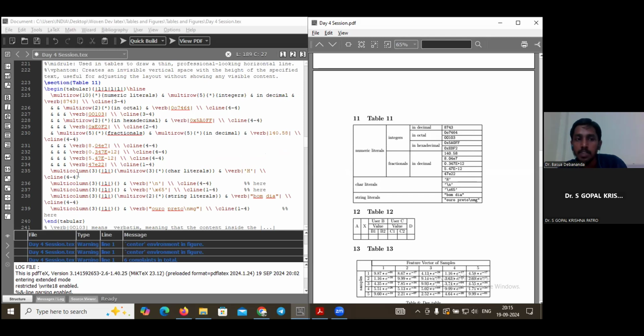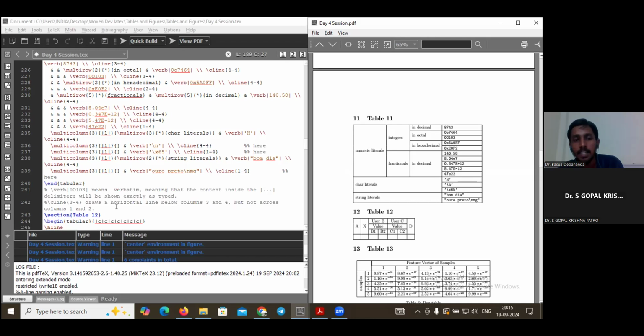Here also 4-4. What is the purpose of \cline? If you want only that column divided into some number of rows or columns, then you have to mention \cline.